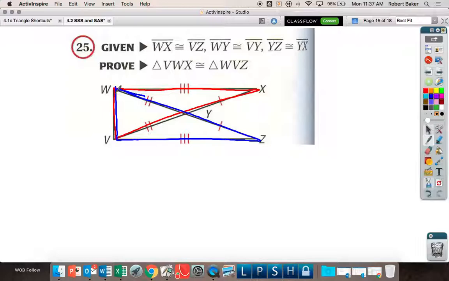So right now I have VX is congruent to VZ. This side is congruent to this side. I'll write that down. WX is congruent to VZ. It also says that WY is congruent to VY. That's this piece right here and this piece right here.